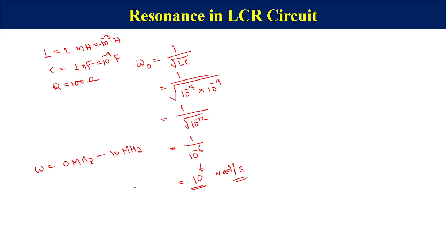Now, resonance circuits have a variety of applications. For example, in the tuning mechanism of a radio or a TV set, this situation is very important. You might have seen that we have a lot of channels distributed. For example, if we talk about the radio, whenever we turn on the radio, we tune the frequency. Now, what is the meaning of tuning frequency?